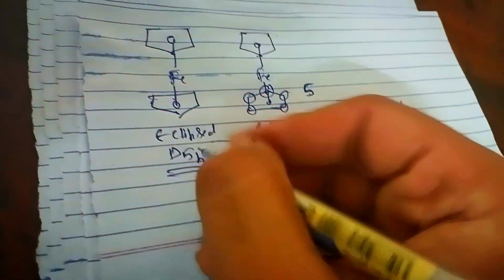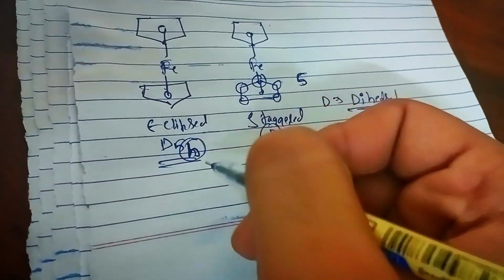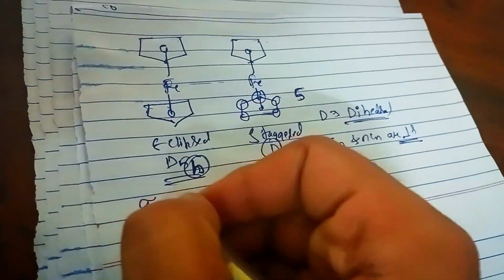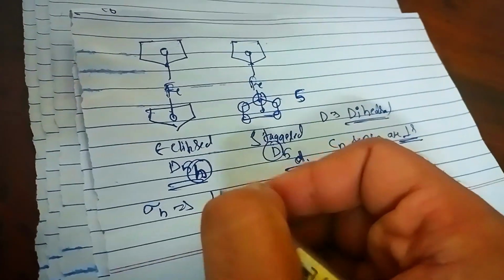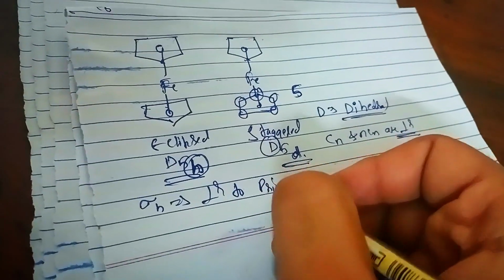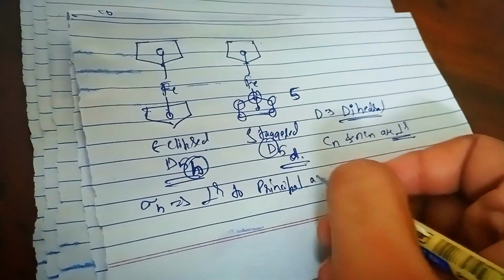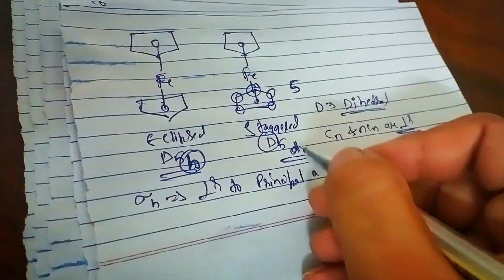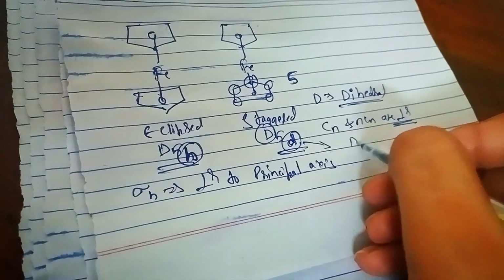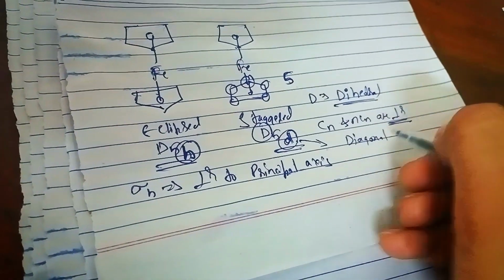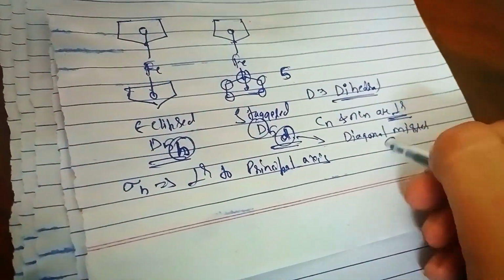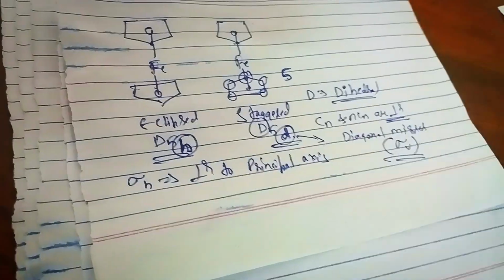Also, here the h means there will be the horizontal mirror plane, meaning sigma h will be perpendicular to the principal axis. Hence, here the d indicates the diagonal mirror, which is the same as sigma v.